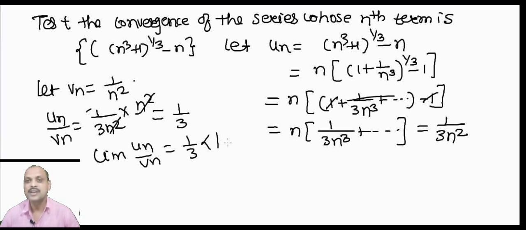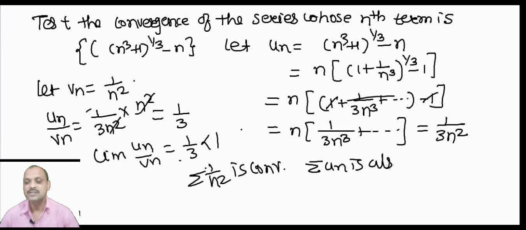As the series behave alike, if one series is convergent, the other is also convergent, and we have seen that summation Vn, summation 1 divided by n square, is convergent. As summation 1 divided by n square is convergent, summation Un is also convergent, and hence the given series is a convergent series.